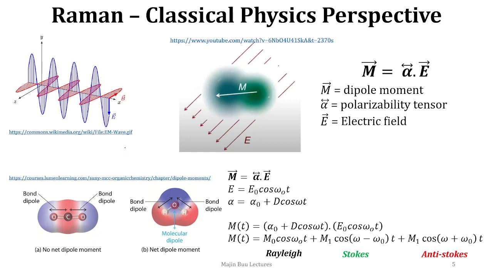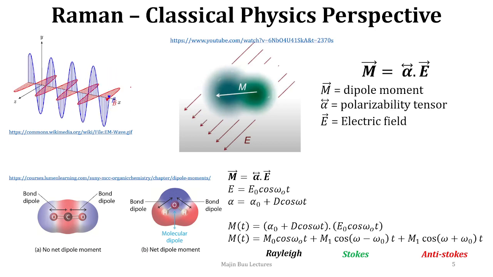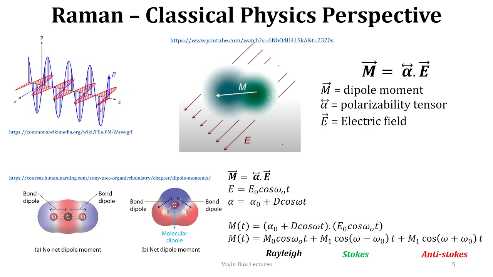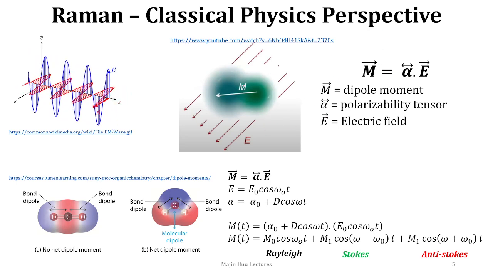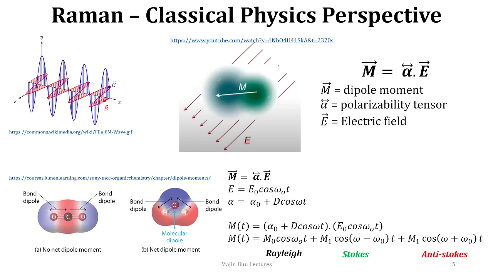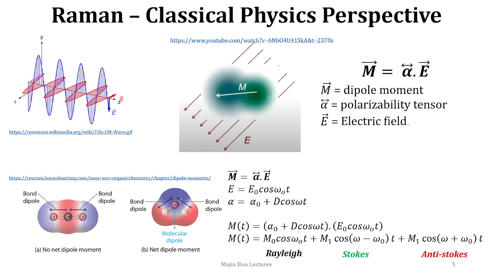But irrespective of that, when this molecule is placed in an electromagnetic field, what happens? The electron cloud associated with the molecule or the atom is going to undergo some kind of oscillation. Mathematically, or even physically speaking, this is a product of the tendency of the molecule's electron cloud to oscillate with the electromagnetic wave subjected for interaction, and that is represented by the dot product of the polarizability tensor and the electric field.